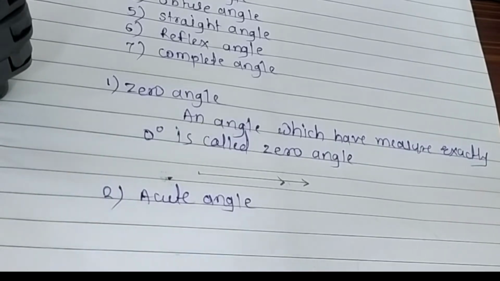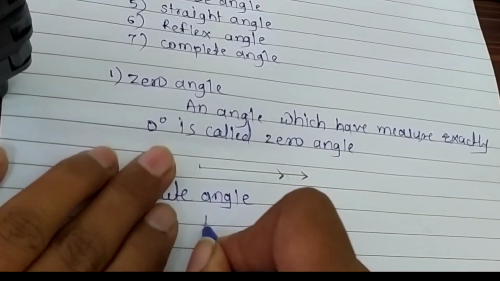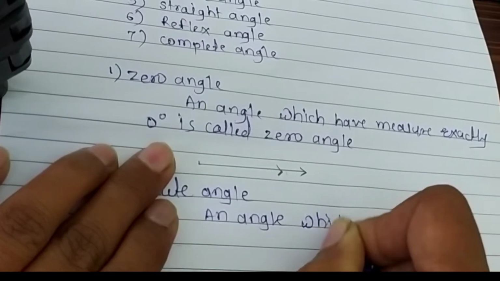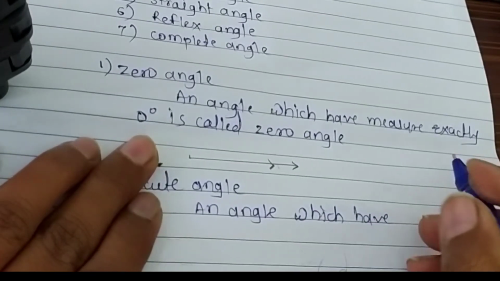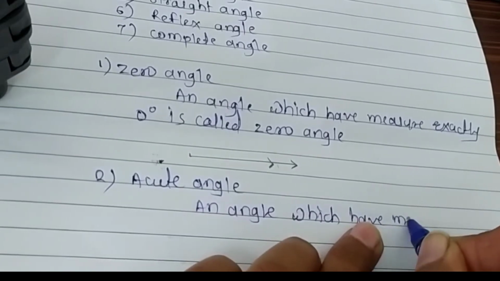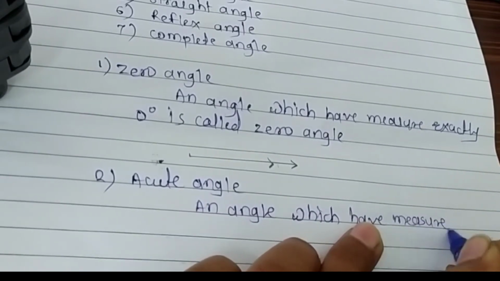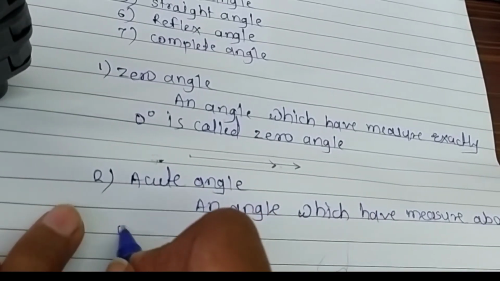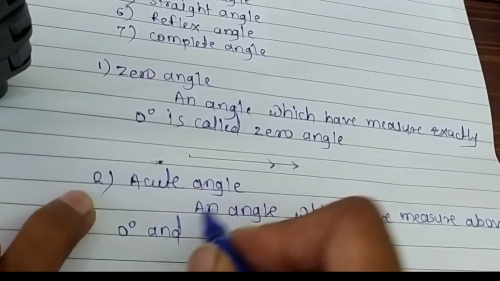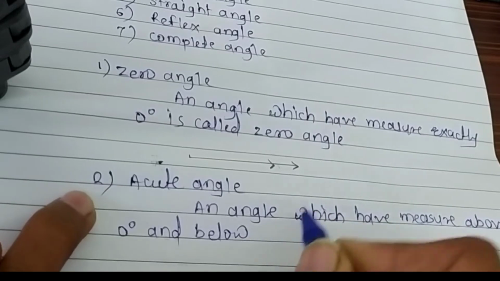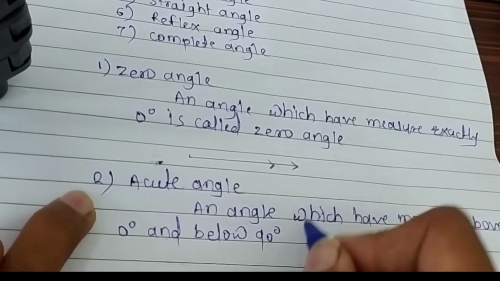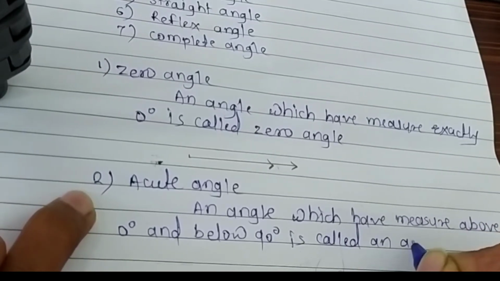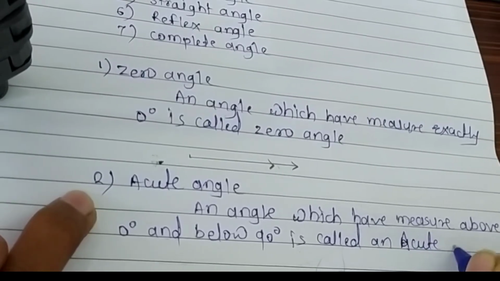An angle which has a measure above 0 degree and below 90 degree is called an acute angle.